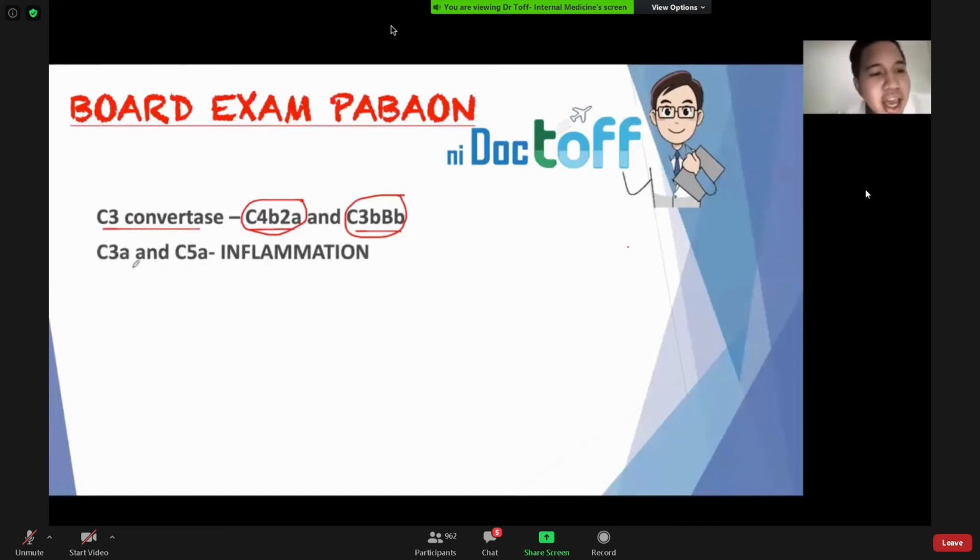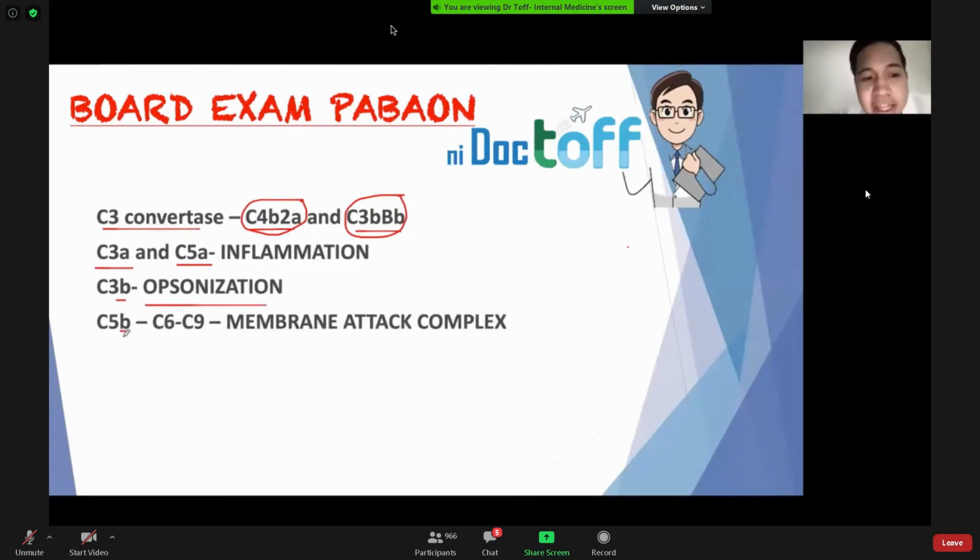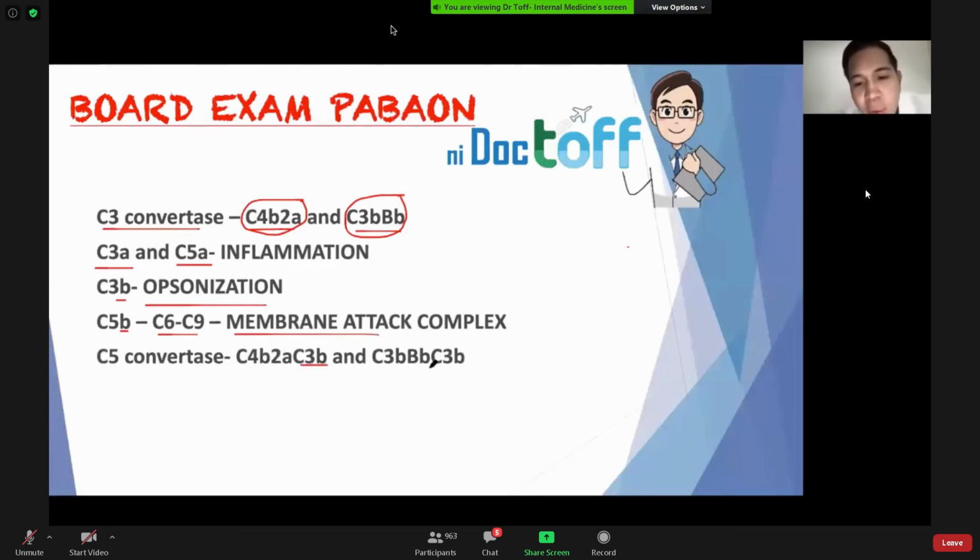Ngayon, when you have your C3A and C5A, tandaan, sila po yung responsible for inflammation. Inflammation po yan. C3B, bida-bida, opsonization. C5B, another bida-bida, will combine with C6 to C9 to form the MAC or the membrane attack complex. Okay? And remember that your C3B, when combined with your C3 convertases, will form your C5 convertase.